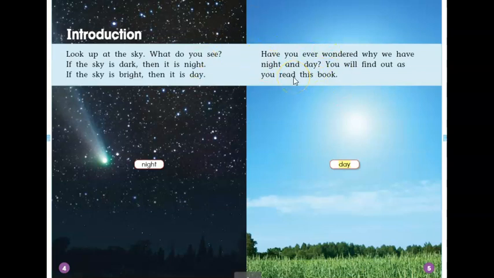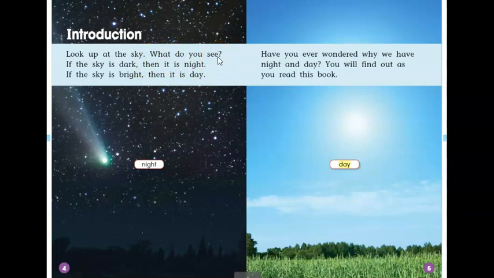Okay, so I need to think, what was the important information that told me more about what does it mean when it's day and what does it mean when it's night? Let me go through the sentences and I can model how I determine what is a key detail. It says, look up at the sky. Is that giving me information about night and day? No. What do you see?